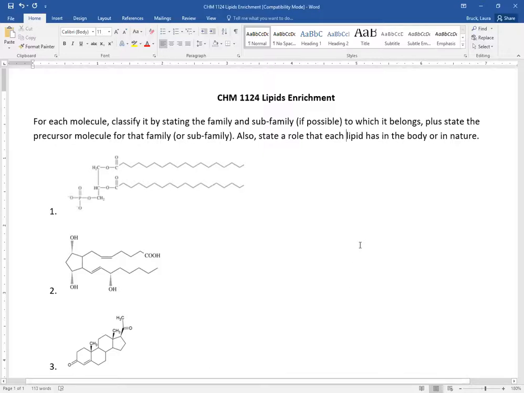So in the first part, we were classifying each molecule. These are all lipids. We're going to state the family and subfamily if we know it, and then also state the precursor if we know it, and what role that lipid has in either the body or in nature, something fun fact about it.